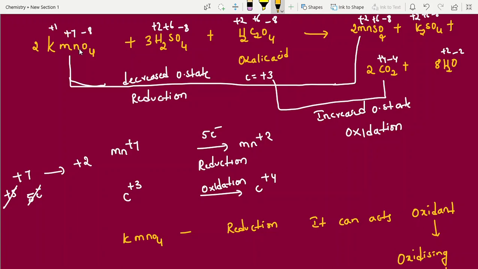KMnO4 is doing this work. That's the reason KMnO4 undergoing reduction and it acts as oxidizing agent. Now see, KMnO4 undergoing reduction means alone it can't do. Alone he can't do. But somebody, if you club with other guy, then other guy, he is doing this work.